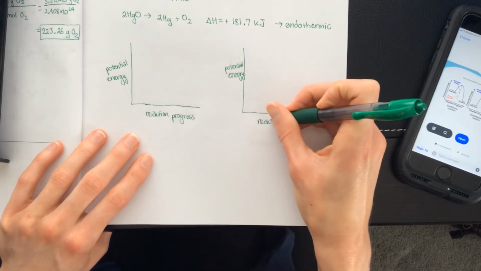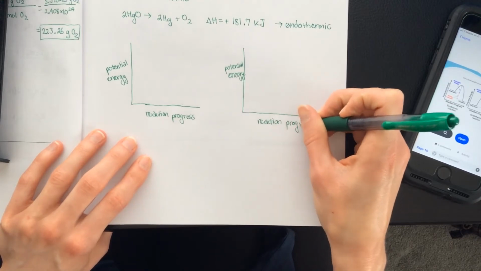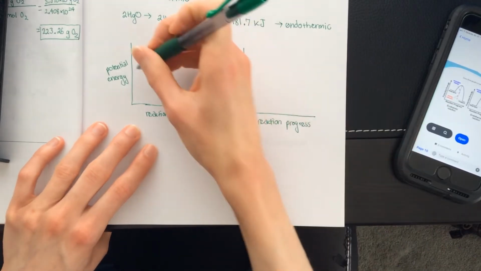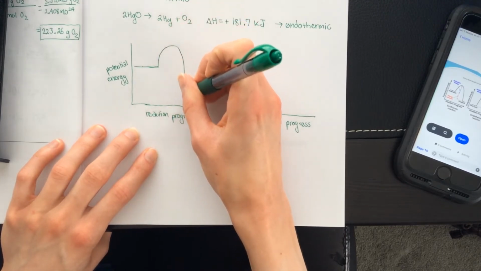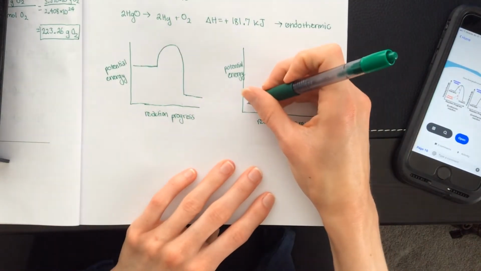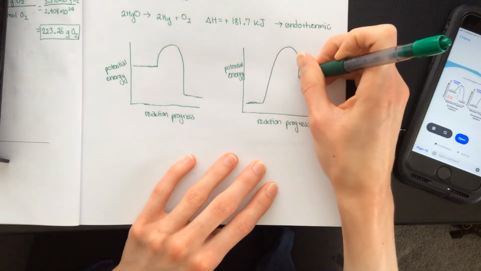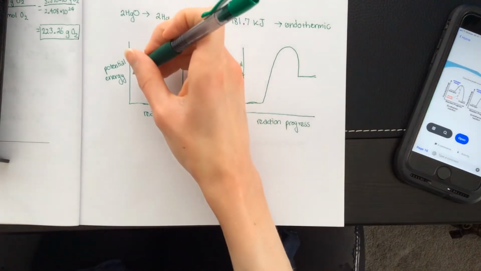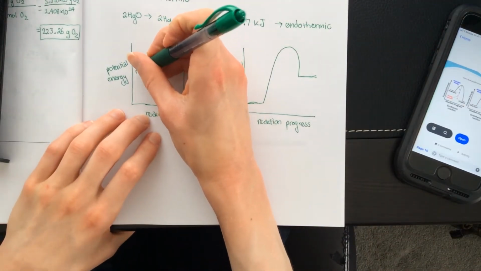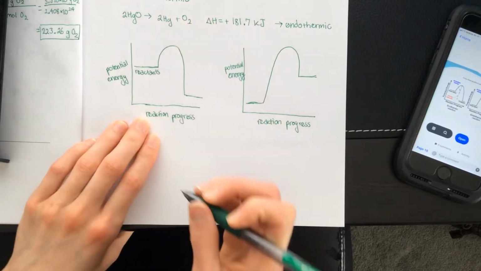And this graph hopefully will look a little bit familiar because we've talked about it before. It's going to look like this, oops, on this side. And then we're going to do one that's a little bit opposite of that on this other side. Okay, so right here, this first part of the reaction represents the energy that the reactants have, their potential energy.